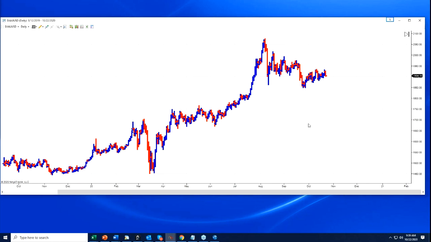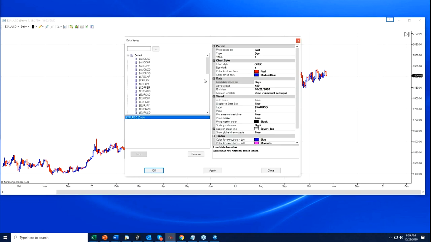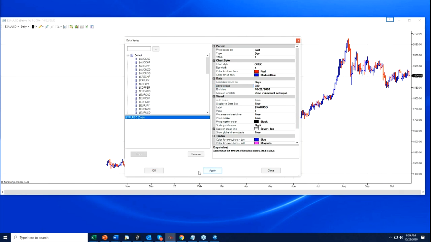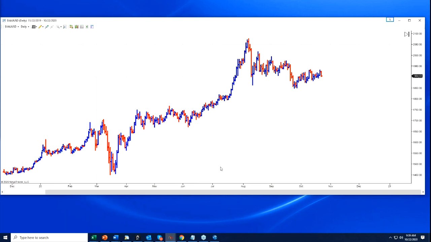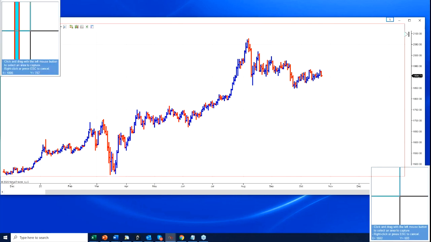Let me try and make this a little bit bigger so we can see. Sometimes when you add perspective. So to me, gold is setting up in this descending kind of triangle.